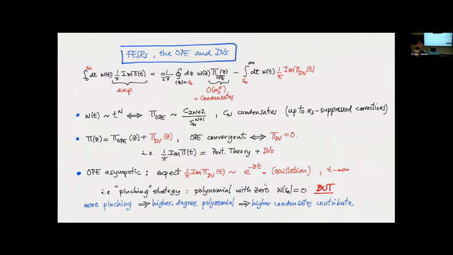However, you have to realize that if you put more pinching and you want to suppress these duality violations more, that comes at the price of having a higher degree polynomial. But if you have a higher degree polynomial, then this n is large, and then you are switching on the contribution from higher and higher condensates that grow in principle factorially. Okay, higher condensates contribute, and these higher condensates, you don't have a clue of what they are.